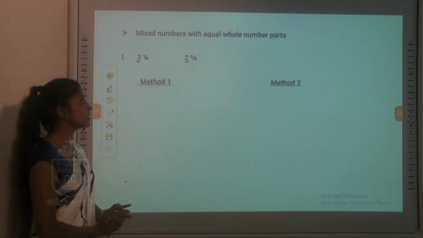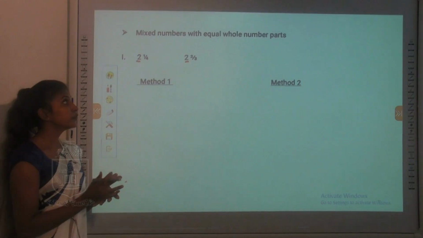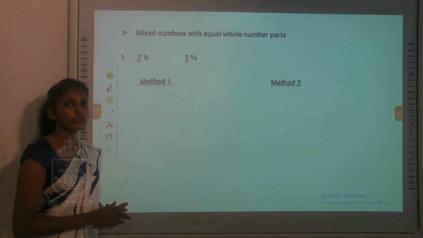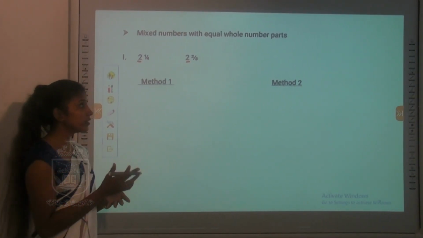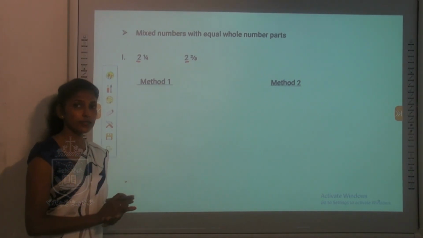In this case, since both the whole numbers are the same, we have to check the fraction part. By checking the fraction part only we can decide which is large and which is small.